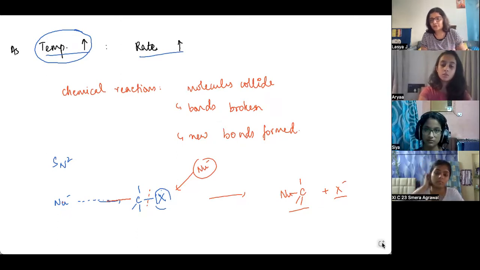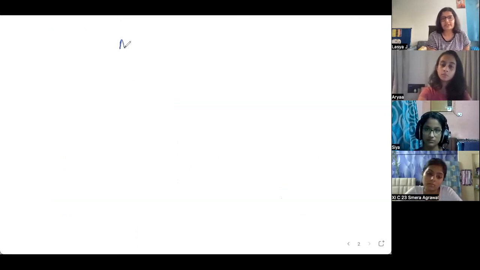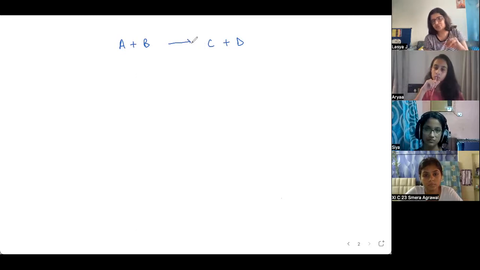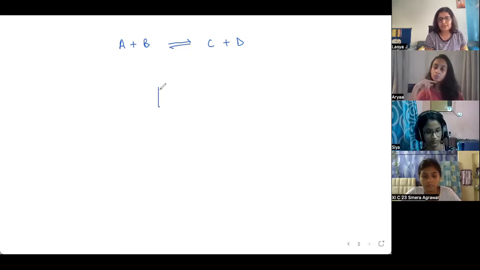Now coming to your doubt, let's take a reaction. A plus B gives C plus D. Let's say it's a reversible reaction, which means once you have a certain amount of C and D, when these two collide, you'll get some amount of A and B back. Now, this whole reaction is taking place in a single vessel, a container, whatever.